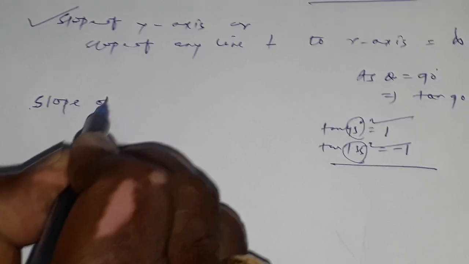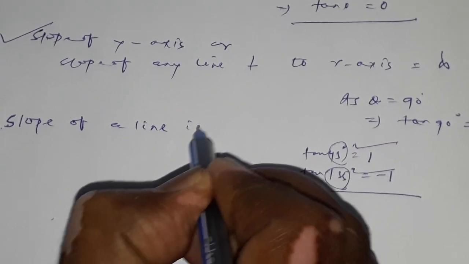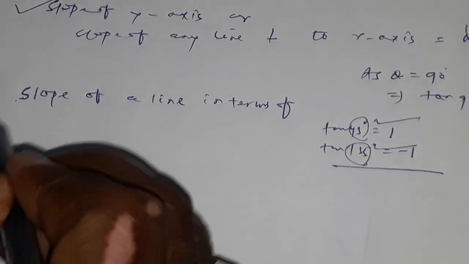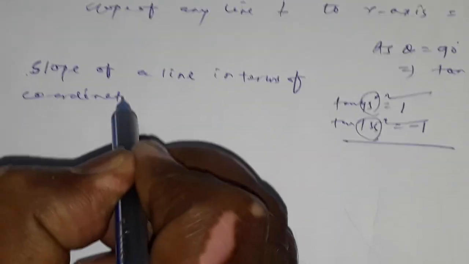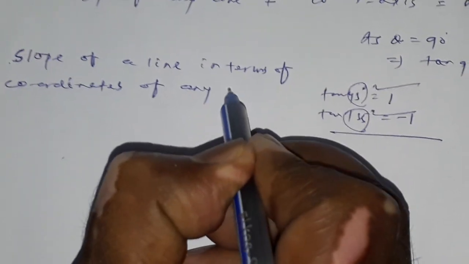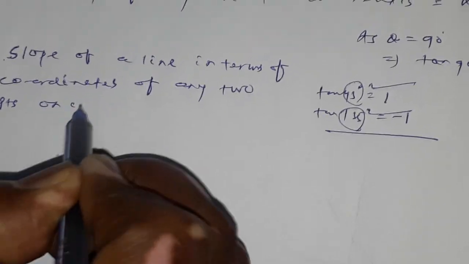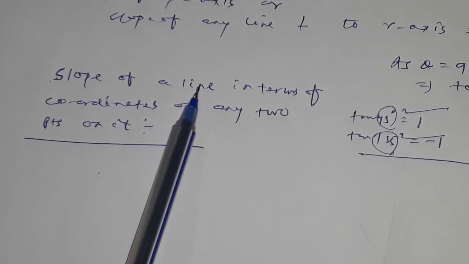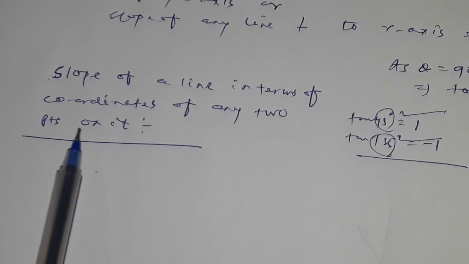Slope of a line in terms of coordinates of any 2 points on it.